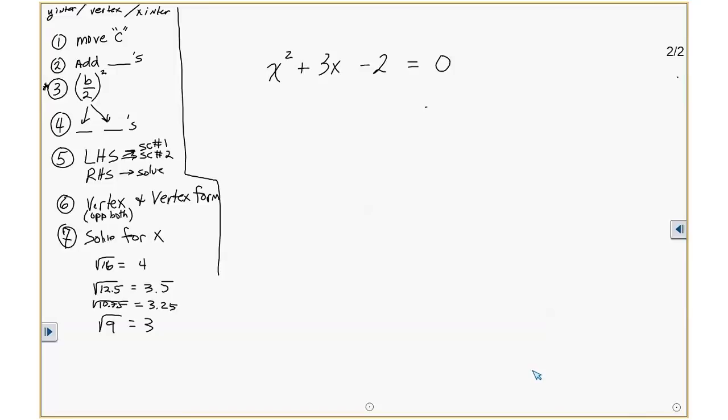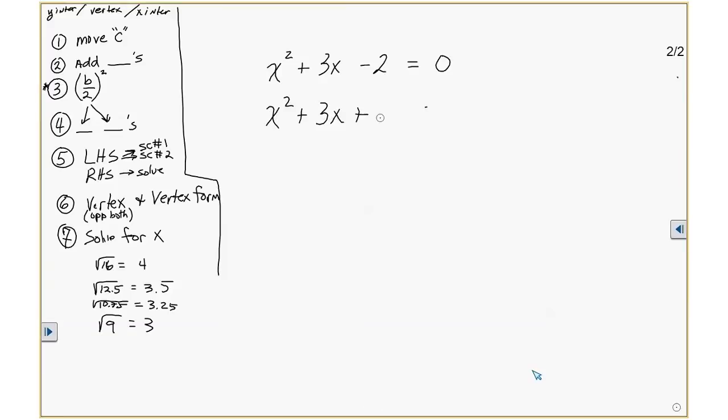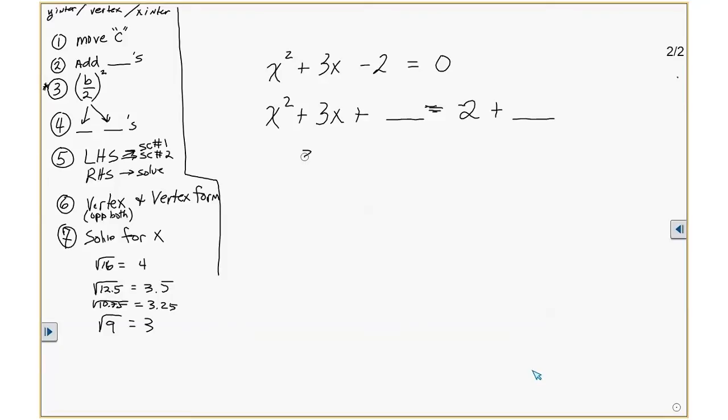X squared plus 3x plus blank is equal to positive 2 plus blank. What's half of 3? 3 halves plus 3 halves squared. Now how hard is that?